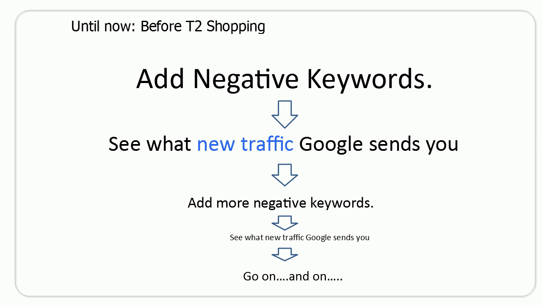And all of that is because Google doesn't allow positive keywords for Google Shopping. So compared to other search campaigns, we have to do it the other way around. And that means that there is a constant time that you have to spend on adding negative keywords.